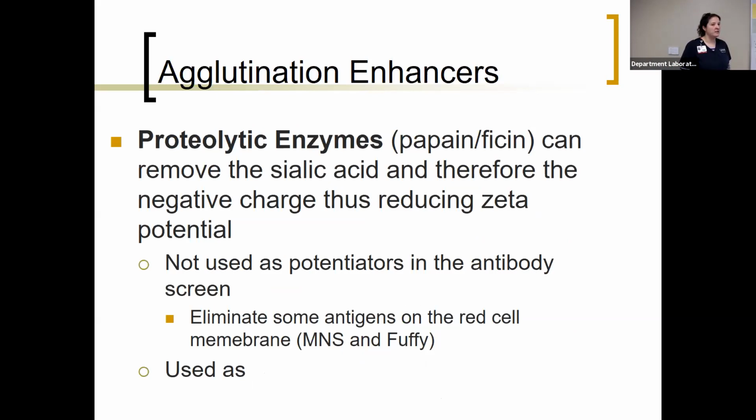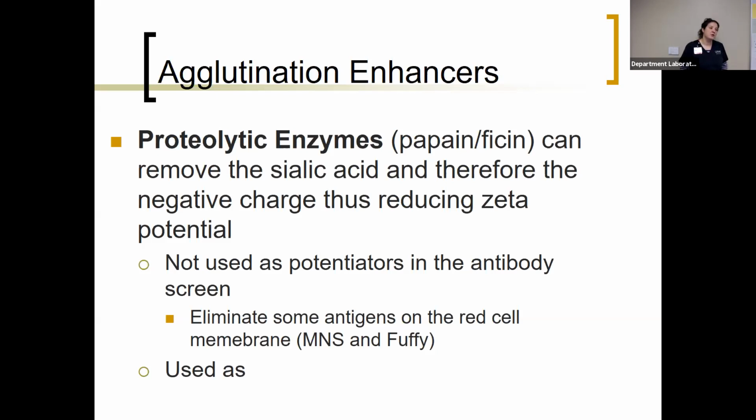And the reason for that is while it might enhance your Rhs and Kells, it destroys the antigen site on MNS and Duffy. It destroys those. So if your patient has an antibody to MNS or Duffy, those reactions after enzyme treatment are going to go away.